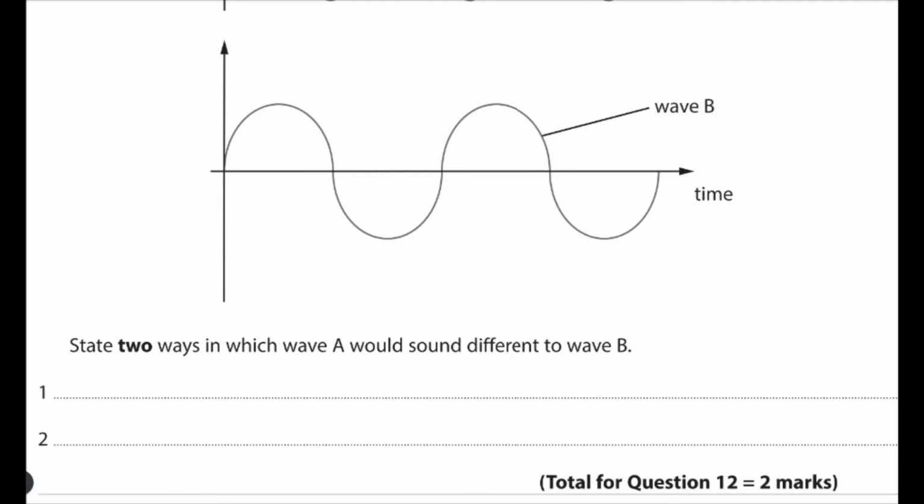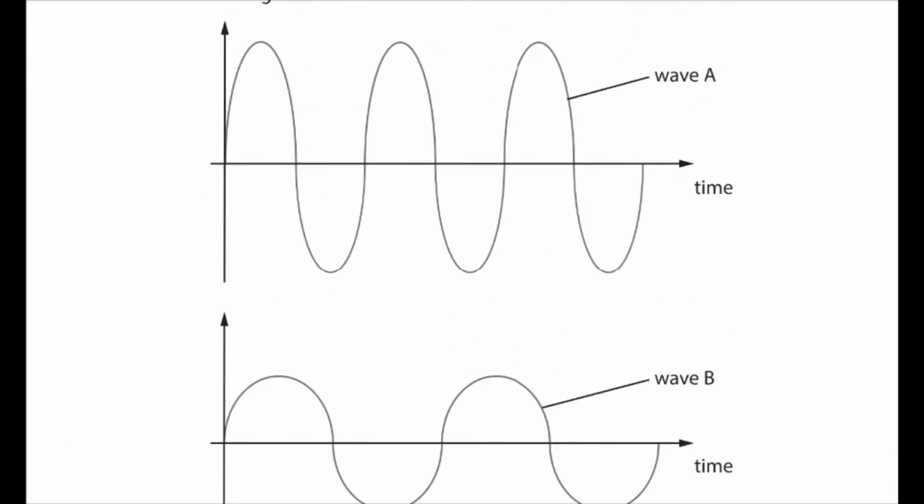Wave A has more amplitude. Amplitude is the height from the undisturbed point to the crest. So the amplitude is higher in wave A. That means it's louder. Higher amplitude means louder. And also in wave A, the frequency, so the number of cycles, is more than wave B, so we can say wave A is higher pitched.